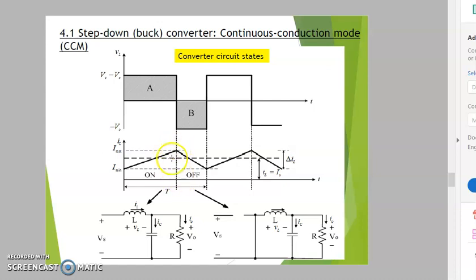Once you switch off, it will reduce from maximum to minimum throughout the load as well, returning back through the diode. So the diode here is forward biased, considered as a short circuit. Just now we have the diode here also, but when the current flows here, the diode is open circuit, so you cannot see it here. It's just eliminated from here.